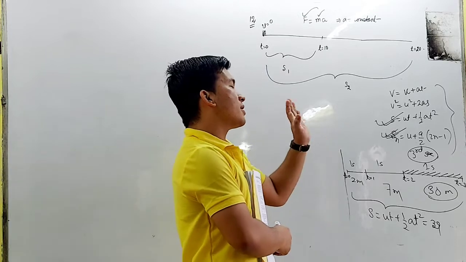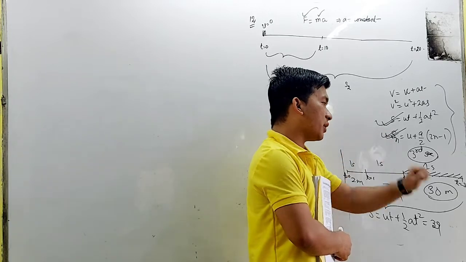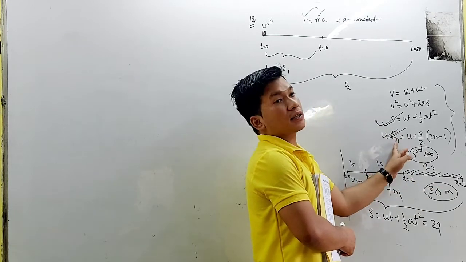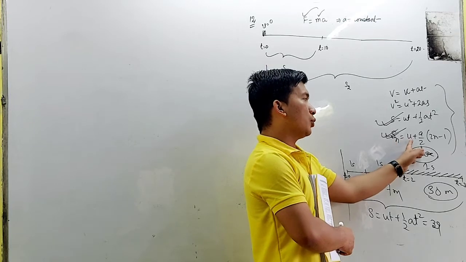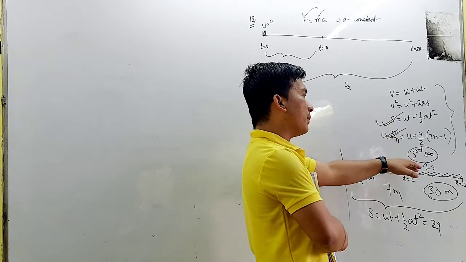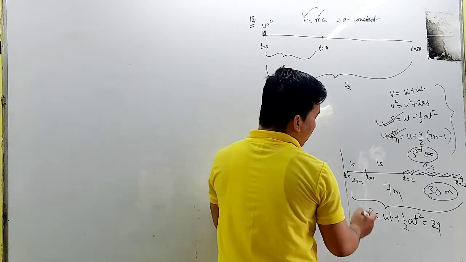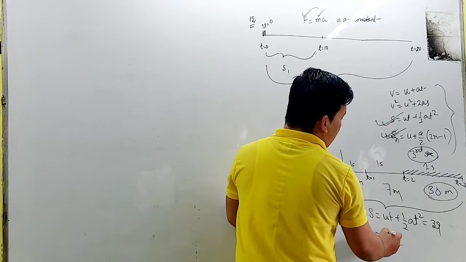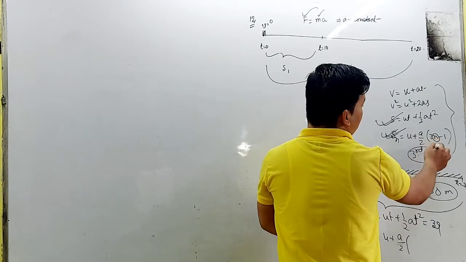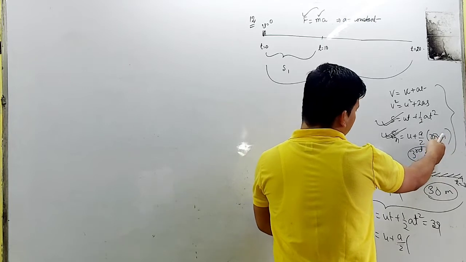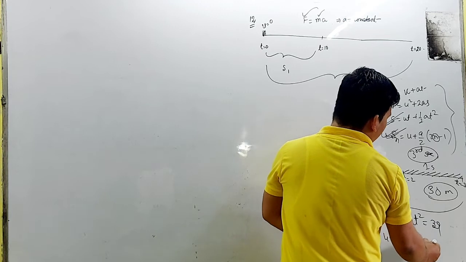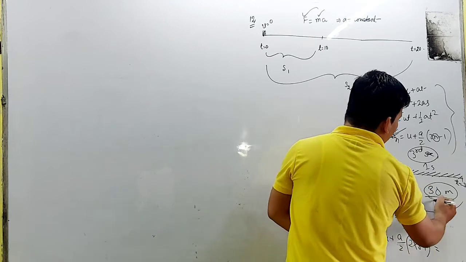In a particular second, how much displacement is produced can be calculated by using this last equation, Sn equal to u plus a by 2 times (2n minus 1). If we put the value here, we can simply write S3 equal to u plus a by 2 into 2 times 3 minus 1, and this value will be equal to 30.